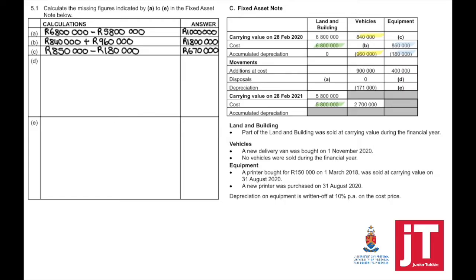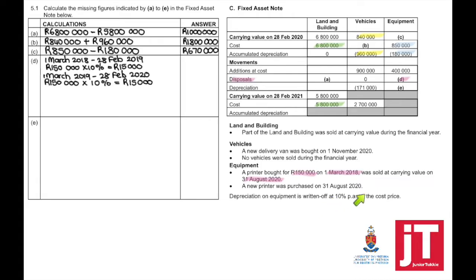Our accounting period ends 28 February 2021. Take note, they didn't provide you with the accumulated depreciation on the asset which we disposed of in the beginning of this accounting period, which is the 1st of March 2020. This means we need to update our depreciation from the day that we purchased it.